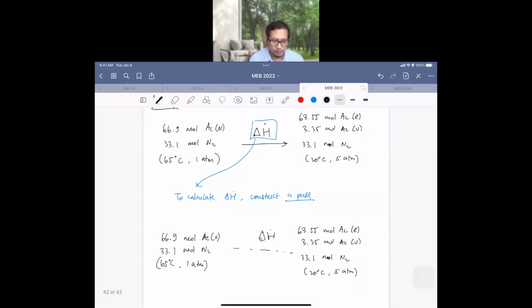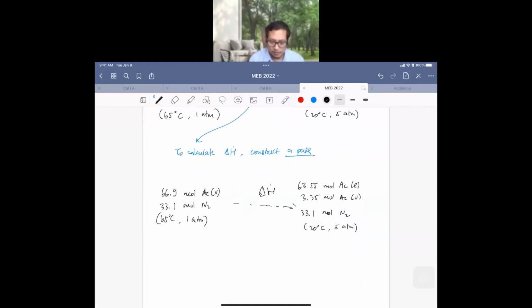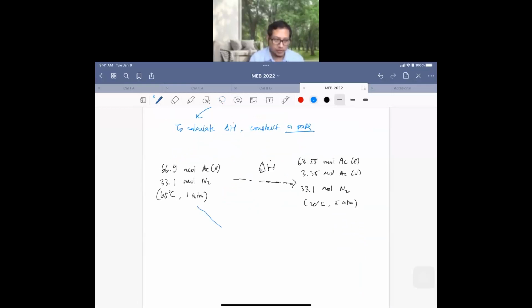Okay. So this is the true delta H, and we construct some path. Maybe let me write just the delta H A and delta H B to simplify what we did before. We construct the path with some reference.